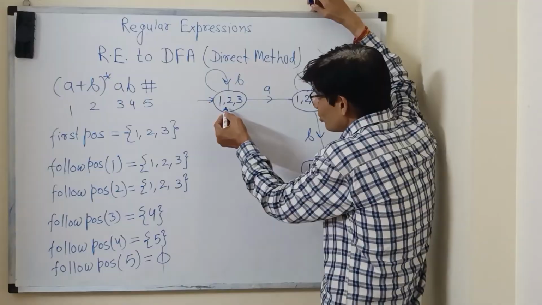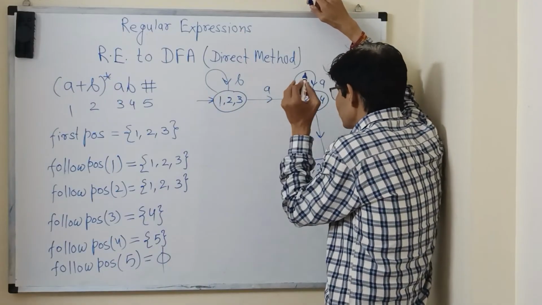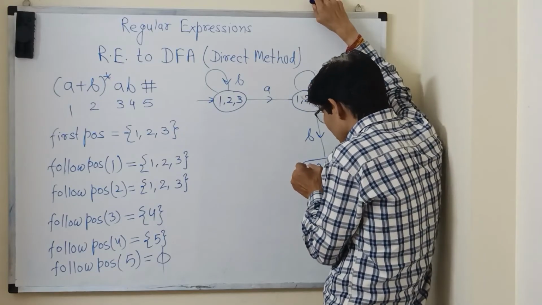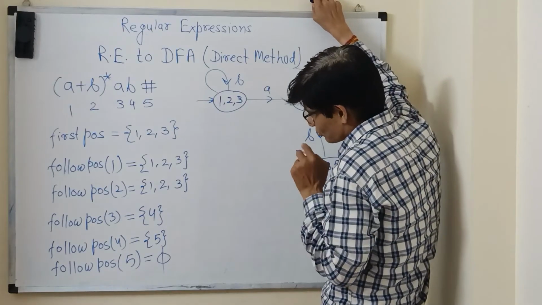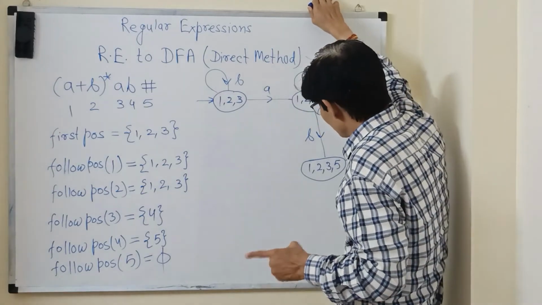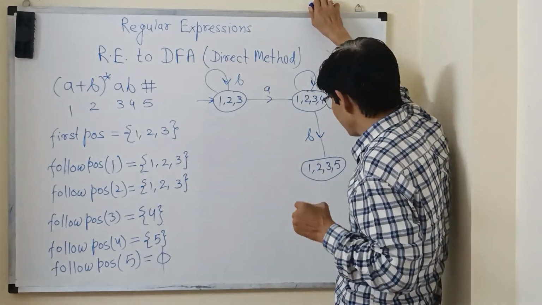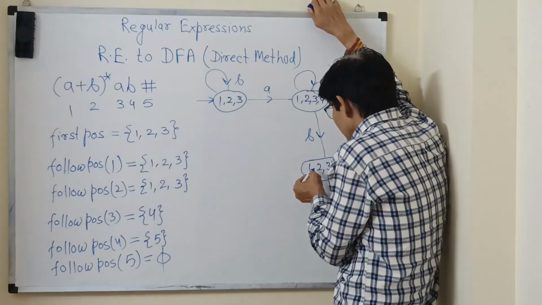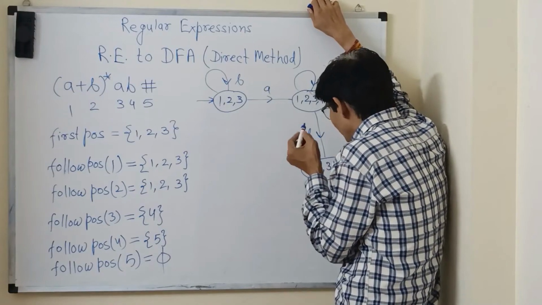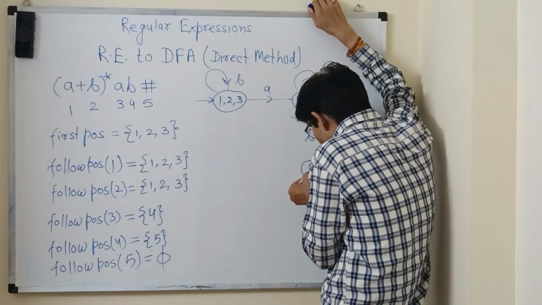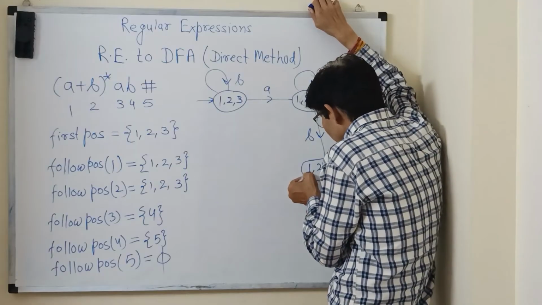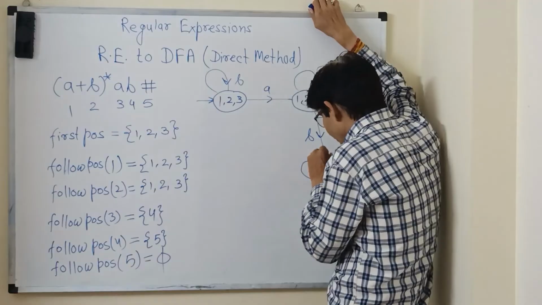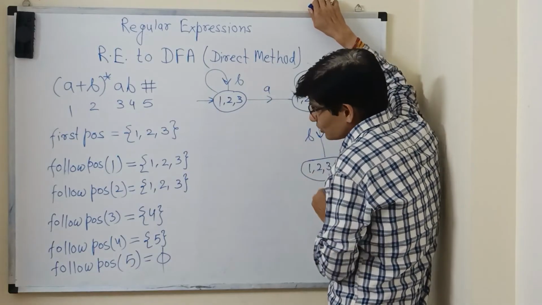Now we have considered both the transitions for this state. Now we have got a new state, so we will create the transition of A and B from this state also. To see the transition of A, again we will see the numbers assigned to A. Again we have only 2 numbers assigned to A, that means 1 and 3, and the follow of 1 union follow of 3 is 1, 2, 3, 4.